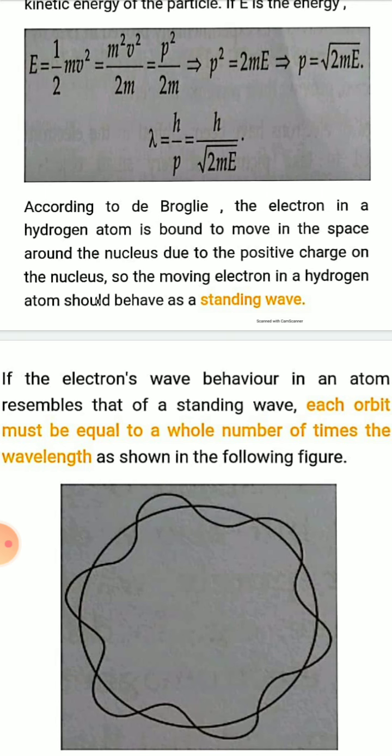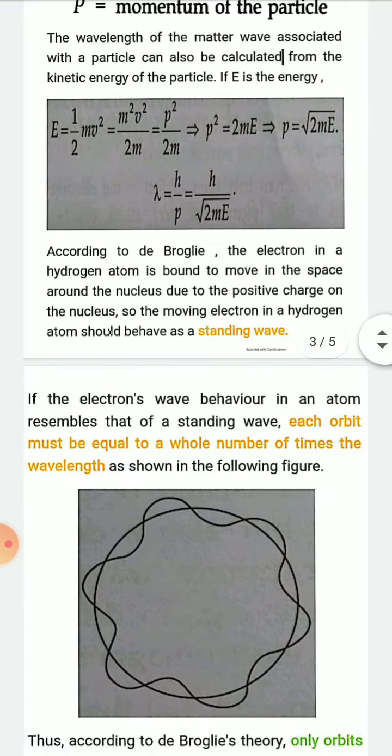So moving electrons in a hydrogen atom should behave as a standing wave. De Broglie told us that subatomic particles like electrons, that is microscopic matter, if they are moving, can show wave nature.